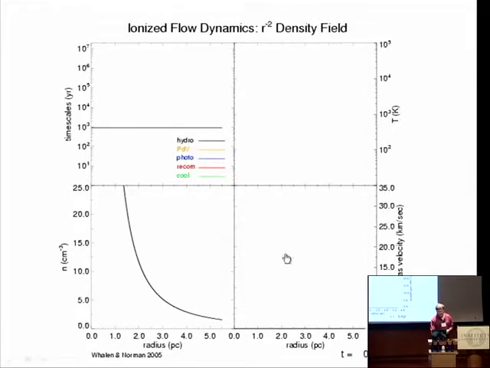Here's an r to the minus 2 density gradient, and you recall that this halo should get flash ionized because it's steeper than the critical omega equals 3/2. It'll get flash ionized so fast you won't see it. Keep your eye right here. This is the temperature distribution in the gas. And in the first frame or two, this will pop up to 10 to the 4.